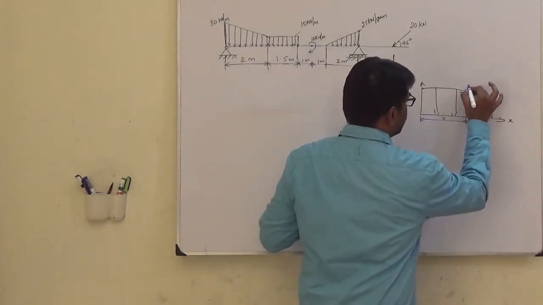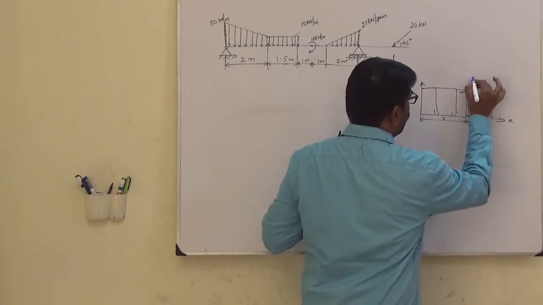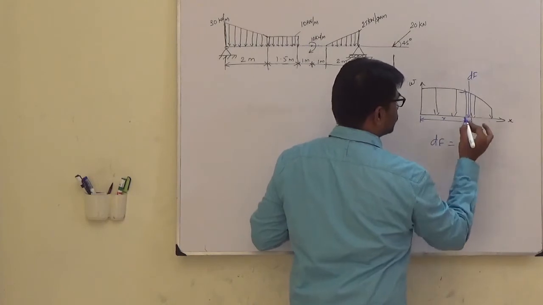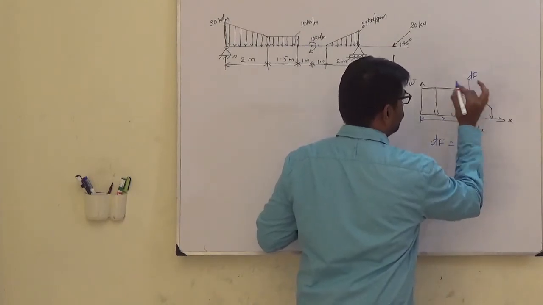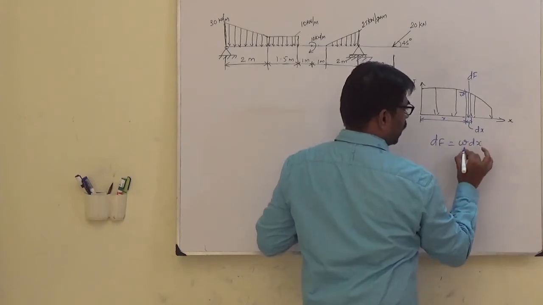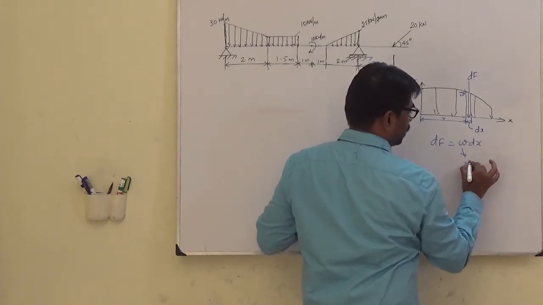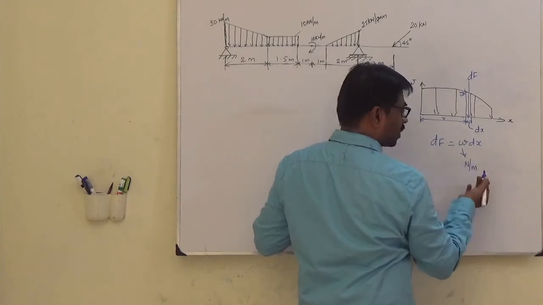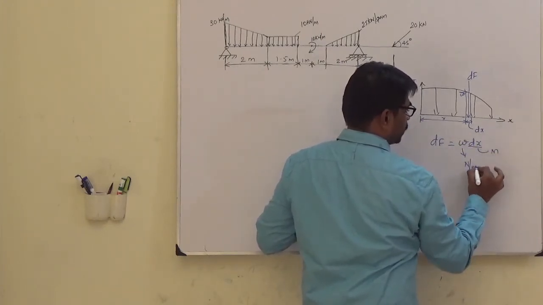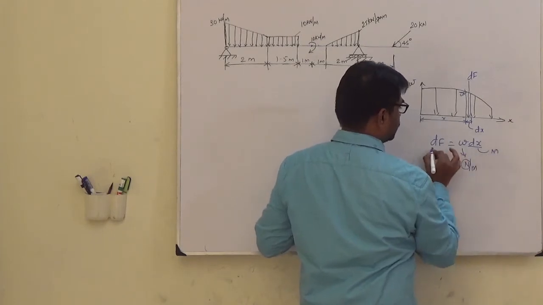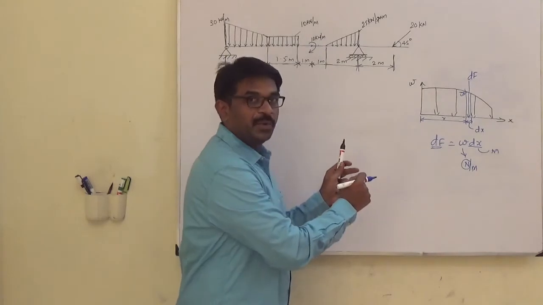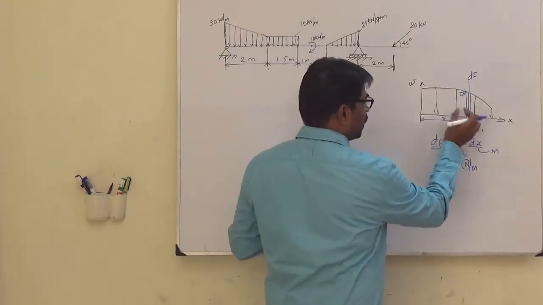Then the small force dF is W into dx. Why? W is Newton per meter or kilonewton per meter, dx is in meter, so the meter gets cancelled. You'll get the concentrated force in Newton. So this is for the small element.